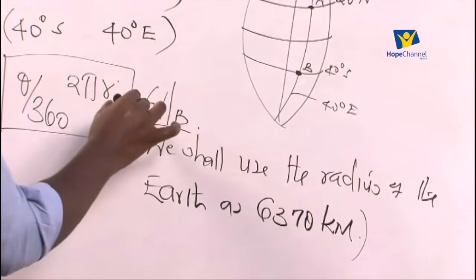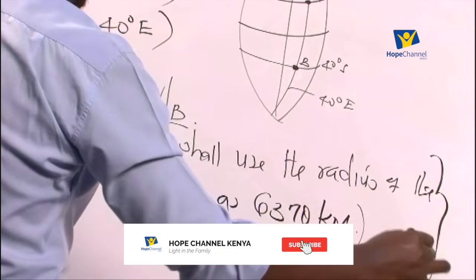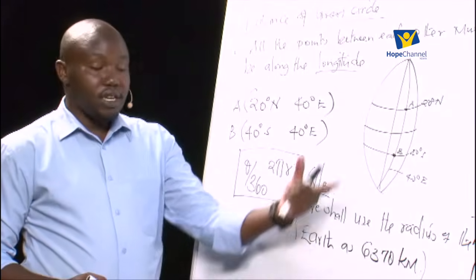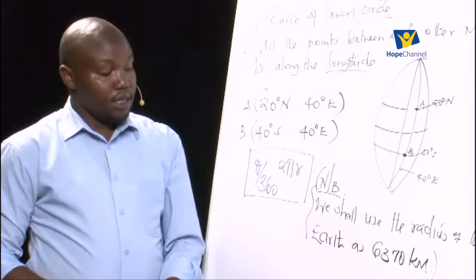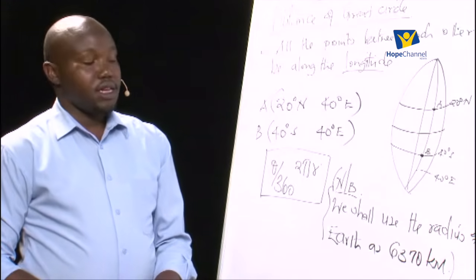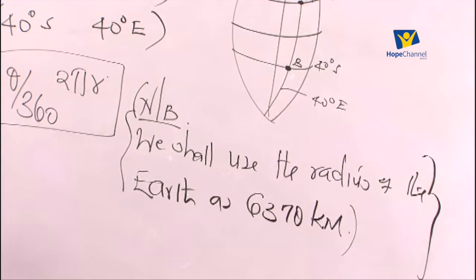Mark that at the back of your mind. Unless the examiner tells you to use a different radius, you must know that the radius of the Earth is 6370 kilometers.